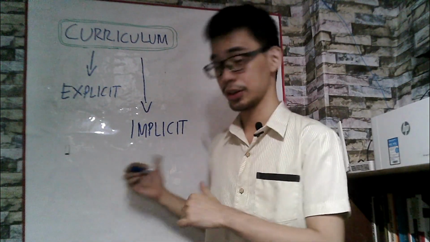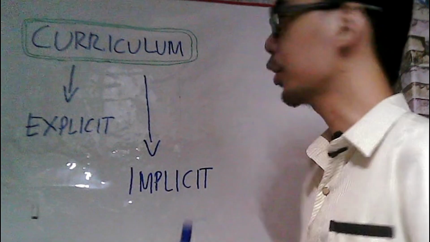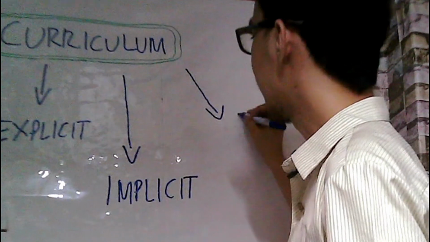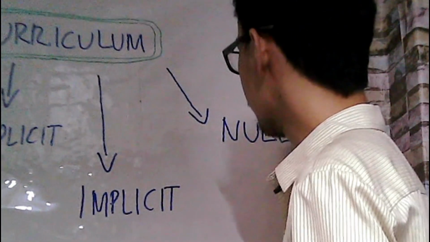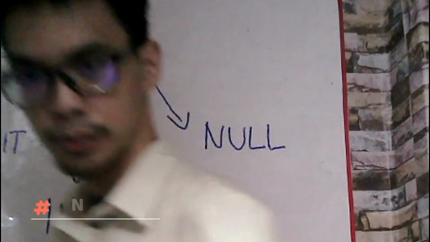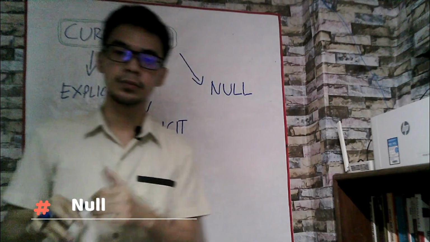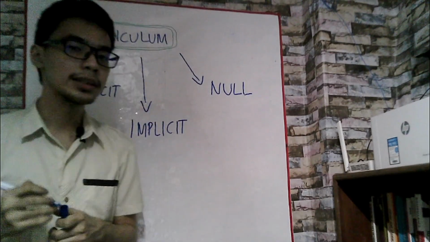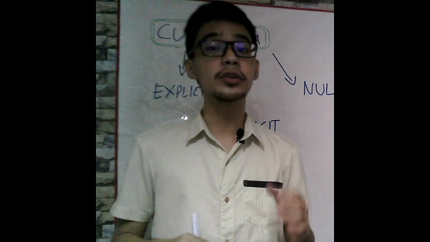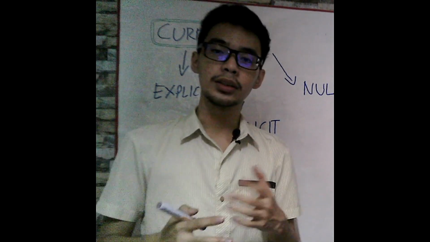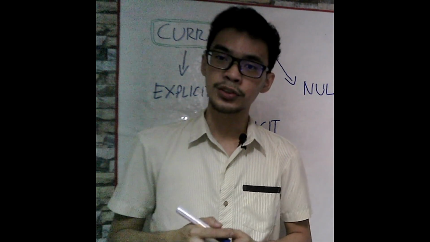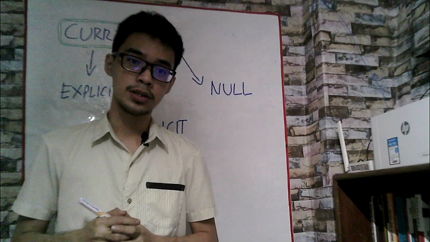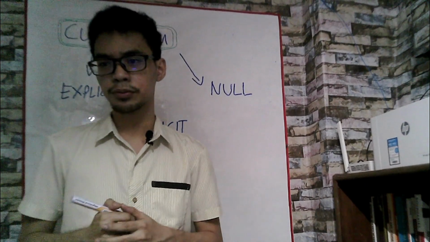We have the third type of curriculum, and that is known as null curriculum. This is a compelling topic. Null curriculum refers to the skills or knowledge that students weren't able to learn. Well, there are three reasons.